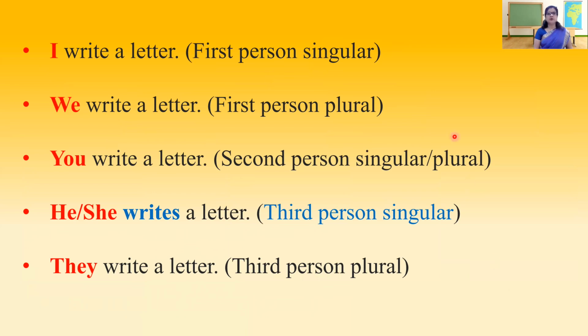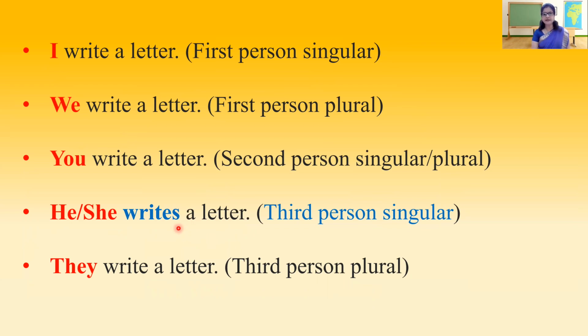Now, first person singular: I write a letter. We write a letter. You write a letter. Second person, singular or plural. Here, third person singular is very important in present tense. He writes a letter.